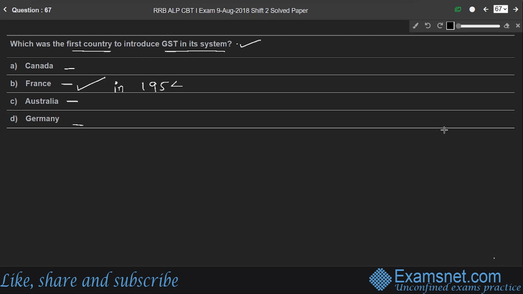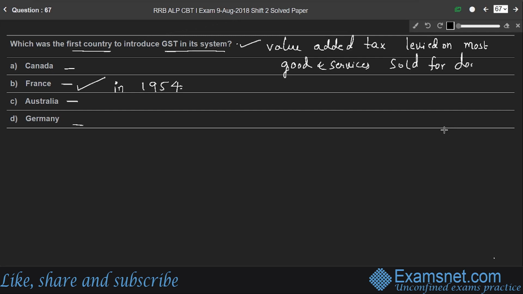So this GST, goods and service tax, is a value added tax levied on most goods and services sold for domestic consumption. Therefore, option B is the right answer.